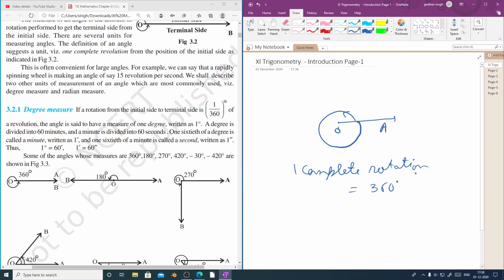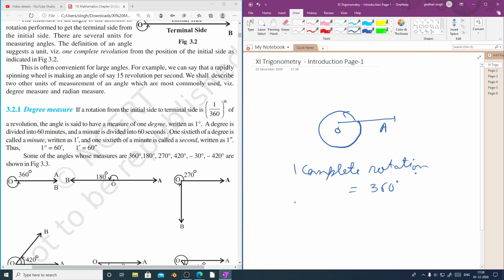Suppose we move from here with equal length and rotate like this, we will get one complete circle, and that is one complete rotation. So it is taken as 360 degree. That means we are dividing that complete rotation into 360 parts.